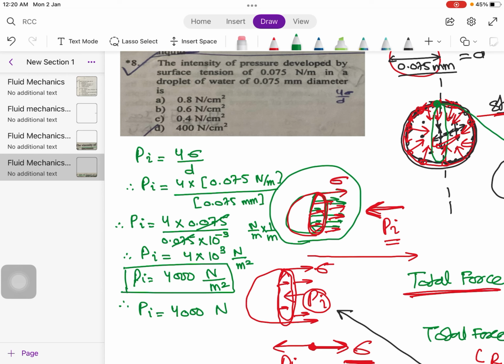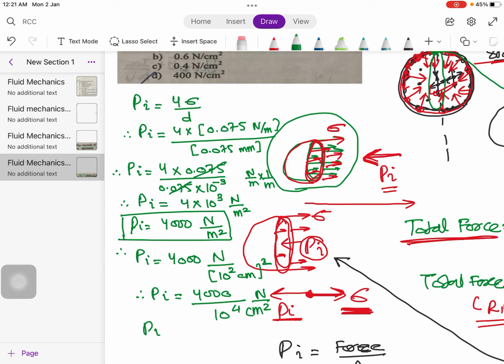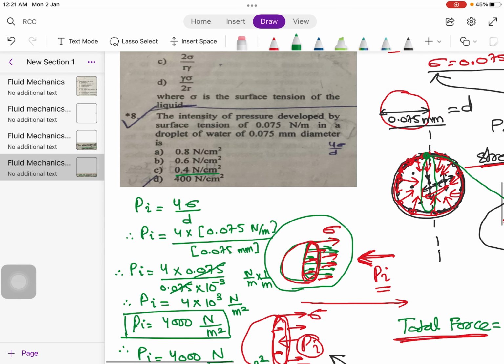So the inside pressure is 4000 upon, since 1 meter is made by 100 centimeters, 10 to the power 4 Newton per centimeter squared, which makes the inside pressure equal to 0.4 Newton per centimeter squared, which is the option C. Therefore, the intensity of pressure is 0.4 Newton per centimeter square. Thank you for watching.